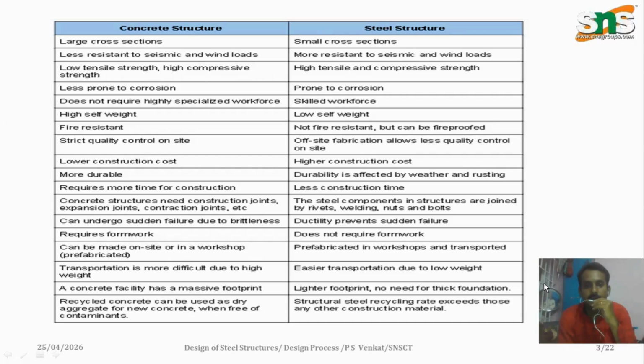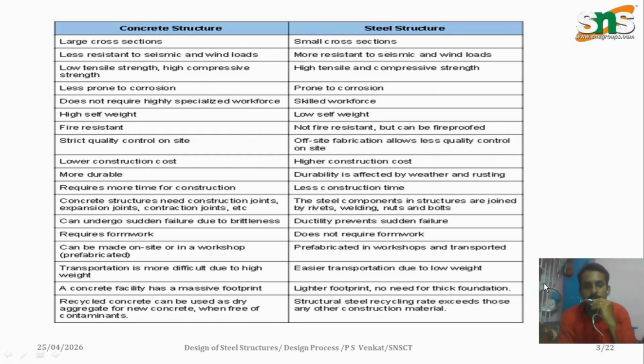In this video, we will cover three major things. First thing is what a steel structure is and how it is used, why the design process is more important than the material characteristics, and most importantly, the step-by-step steel design process.